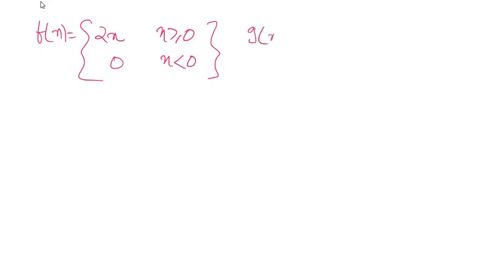Similarly, the value of g of x can be written as 0 if x is greater than or equal to 0 and minus 2x if x is less than 0. So we have simplified the functions f of x and g of x.